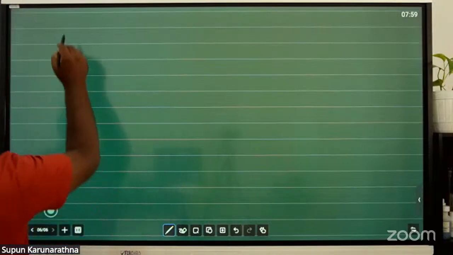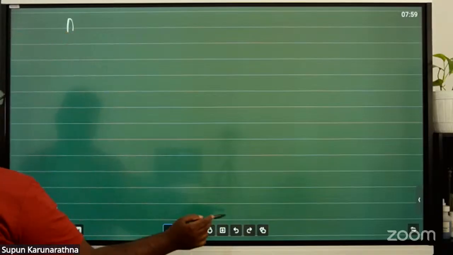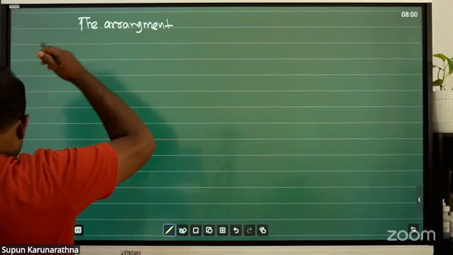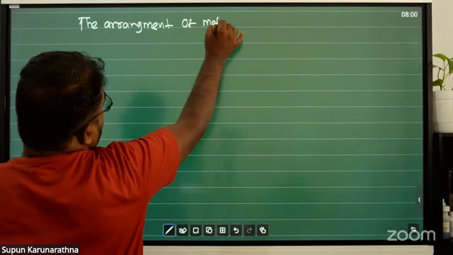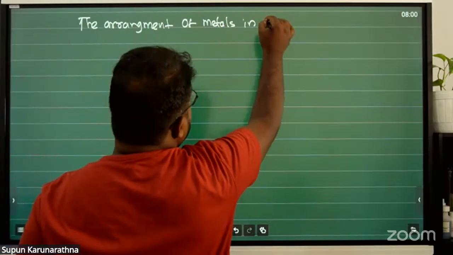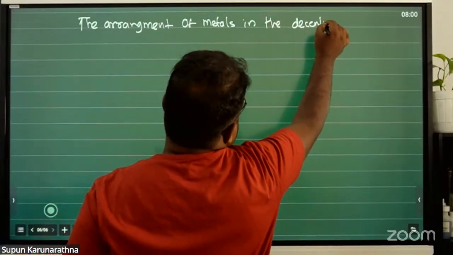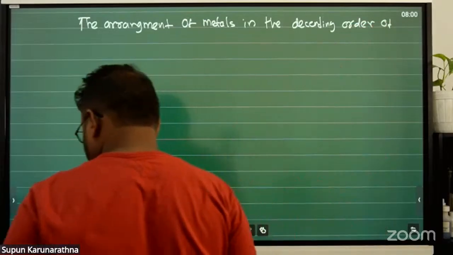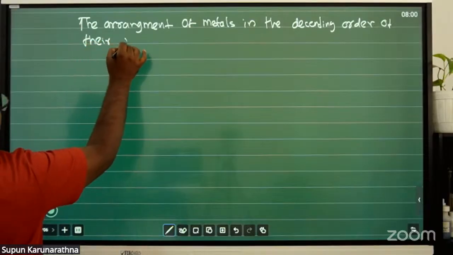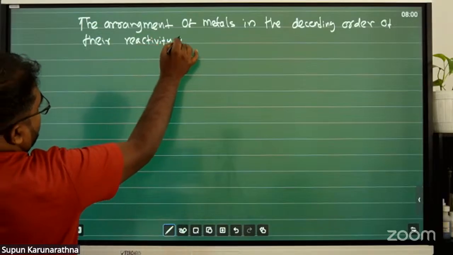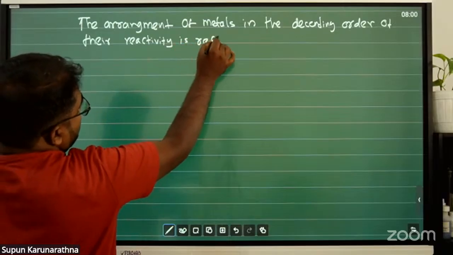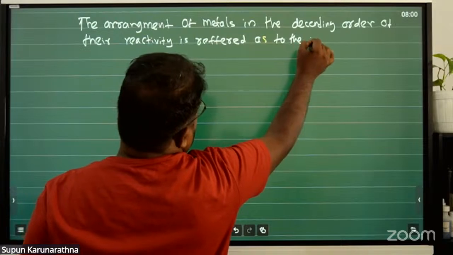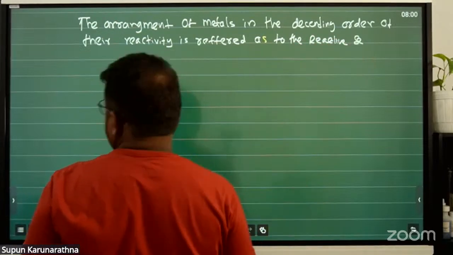Firstly, the reactivity series is an arrangement of metals in the descending order of their reactivity, referred to as the reactivity series.